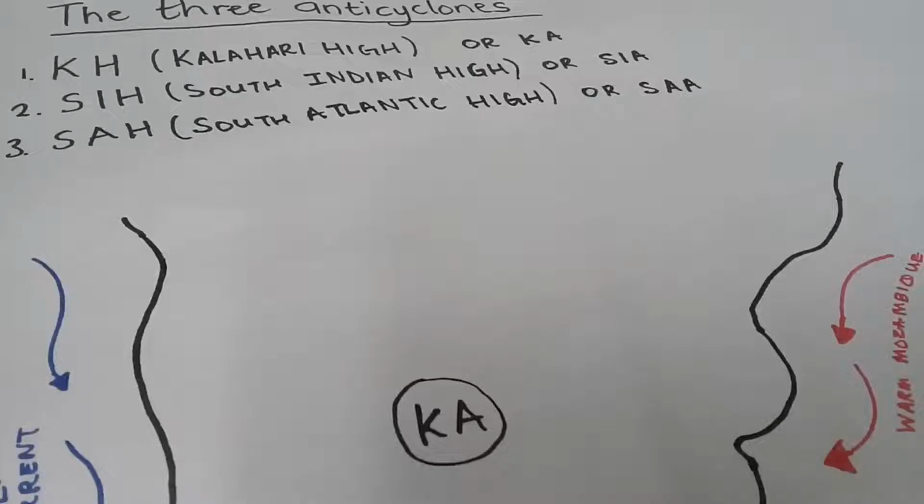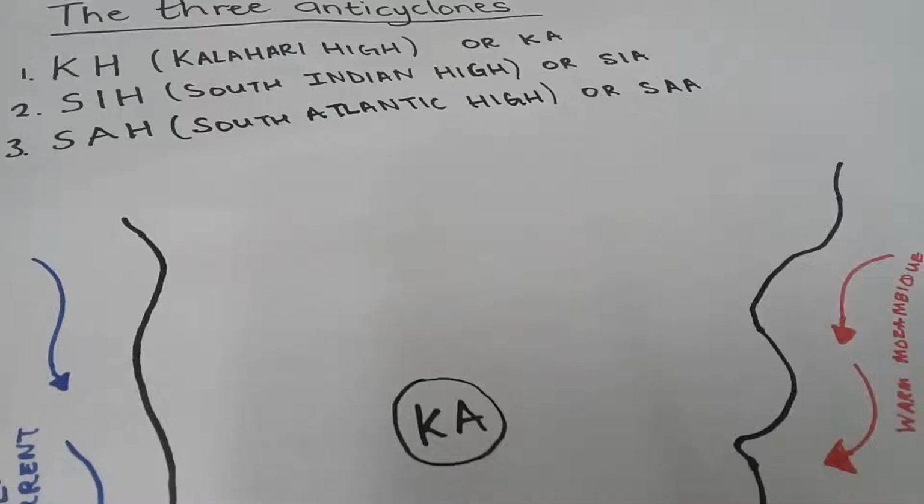And also we have South Indian High. The South Indian High is the one that is in the Indian Ocean, in the warm ocean, which is said to be the warm Mozambique current.